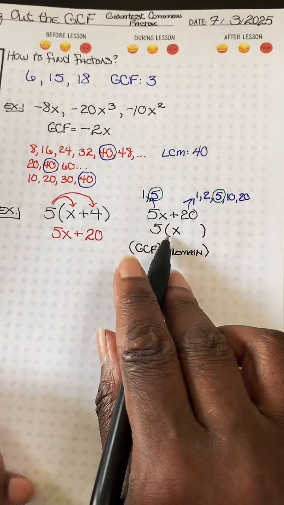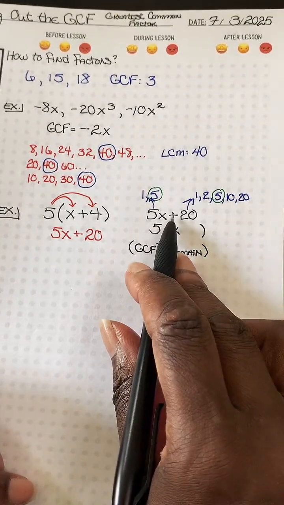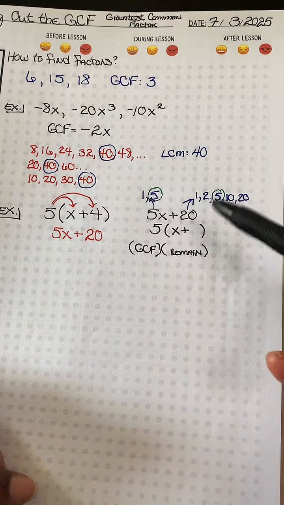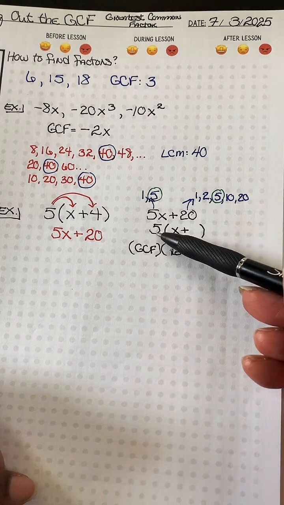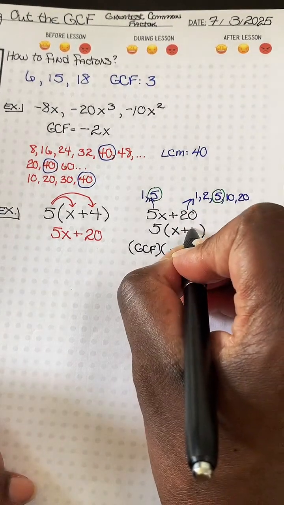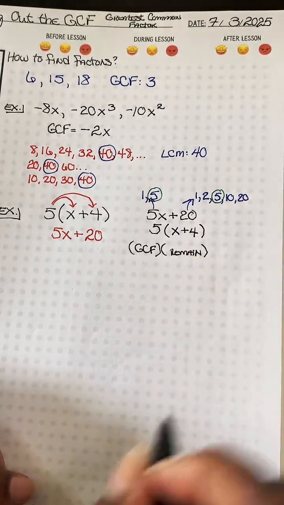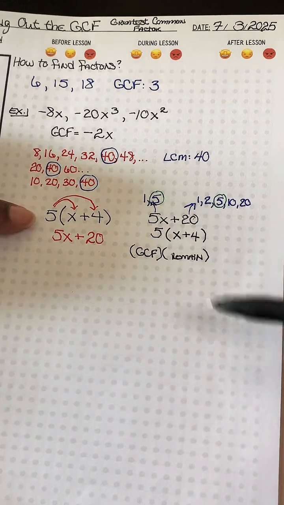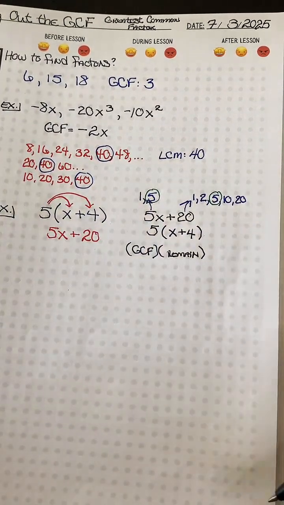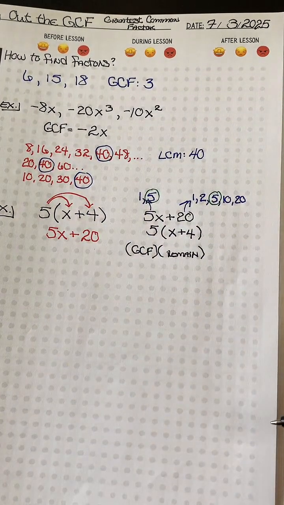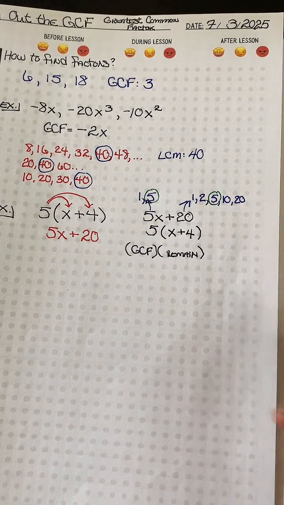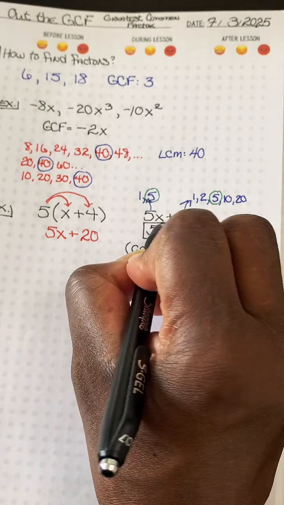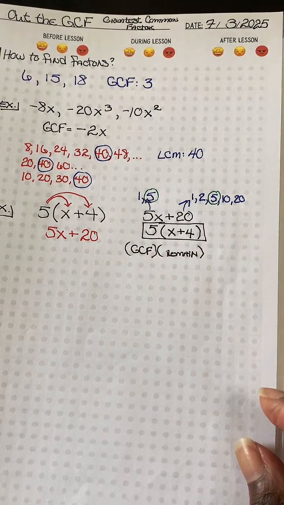Remember, the 1 is assumed to be there. Plus sign comes down. Now you have 20 divided by 5, which gives us the 4. So factoring is basically doing the distributive property in reverse. So this would be our answer if they tell us to factor.